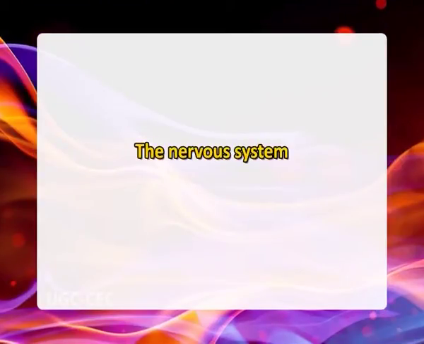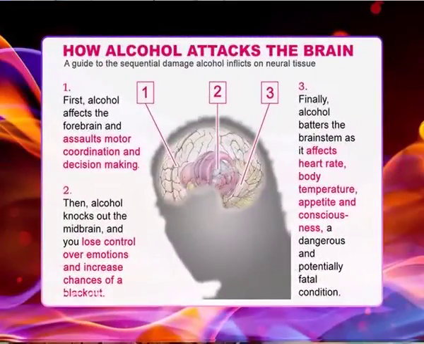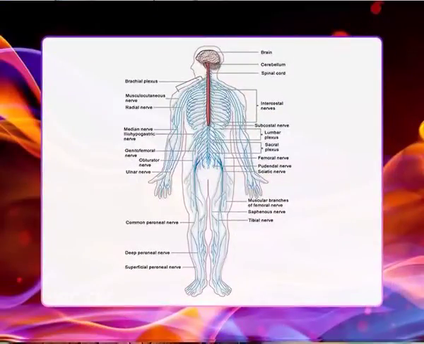The nervous system. All solvents can affect the brain or central nervous system, causing narcosis. Solvents also may damage the peripheral nervous system, which is the system of nerves leading from the spinal cord to the arms and legs.